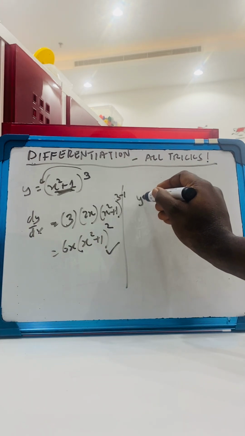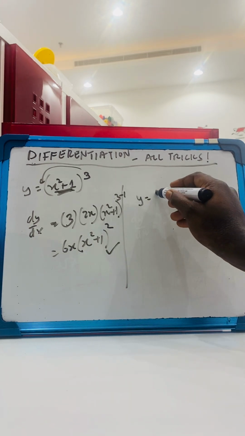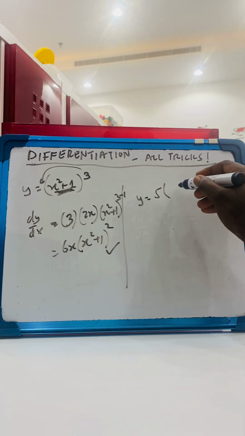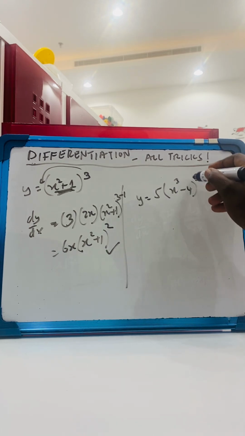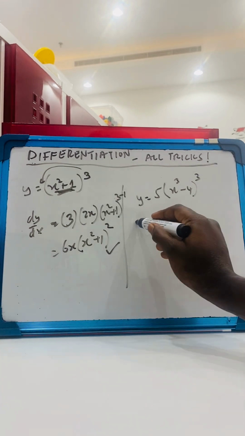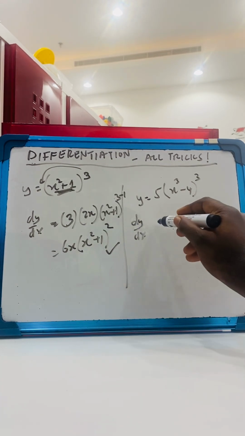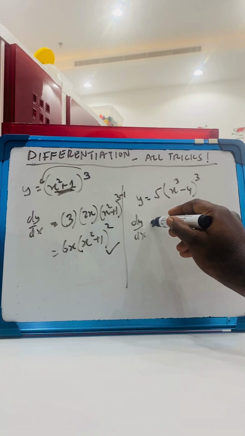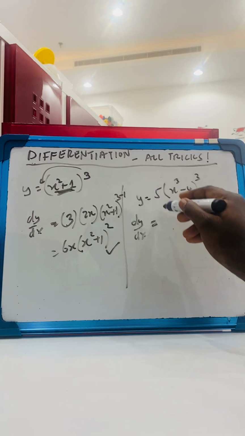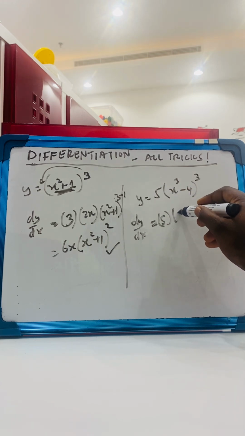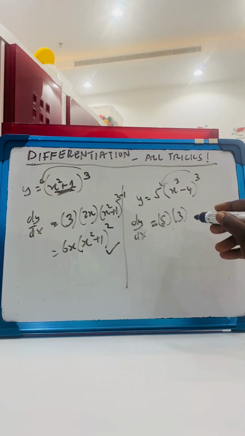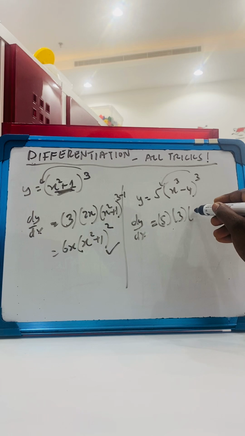Let's pick another example. Let's say y is now 5 times x cubed minus 4, all to the power 3. So if I need dy dx for this expression, once again there is a coefficient, or there's a number here, so I keep that number before I drop my power. Drop my 3. Now derive what's in the bracket. I have 3x squared.